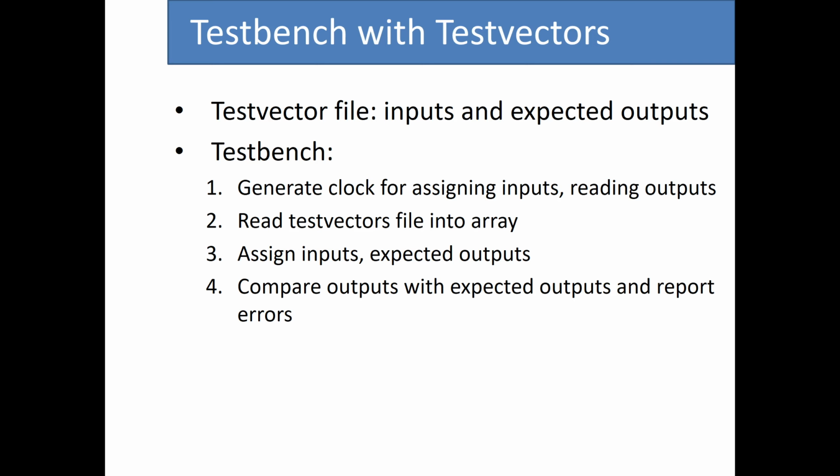And then we compare the actual output with the expected output and report the errors, right? So as you can see, what is different between this one and the previous case is that we record all of our possible combinations and outputs in a separate file, right? So this way we eliminate the need for having many if-else statements, one line after another, right?